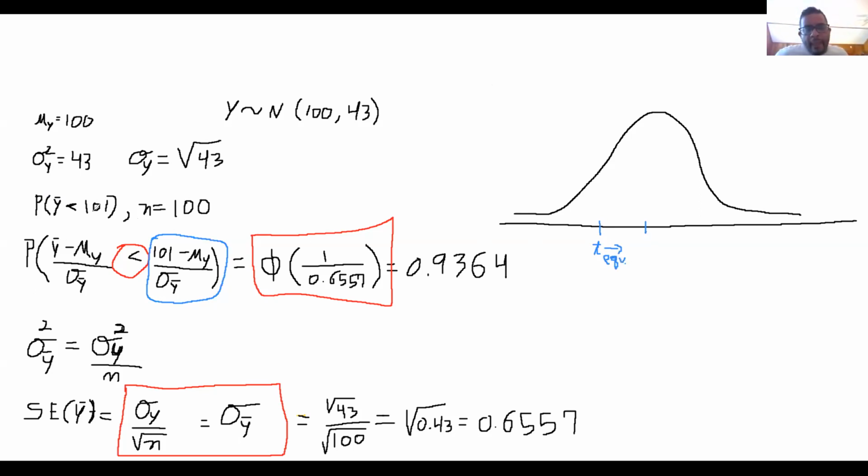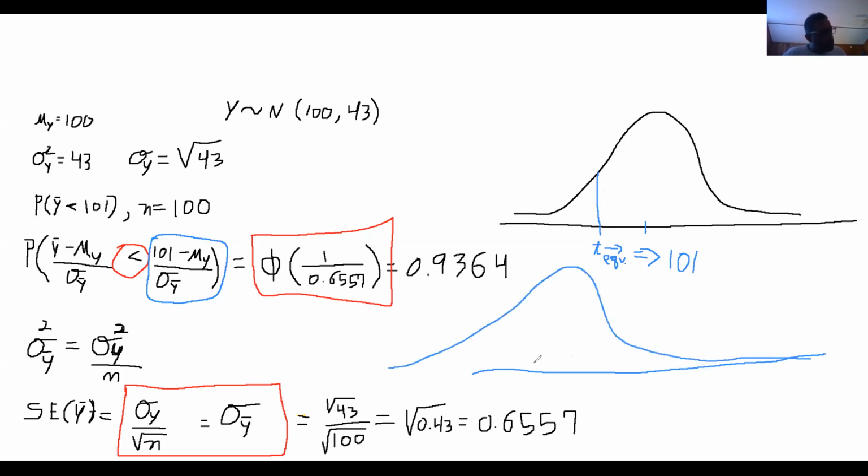This point that I find in the distribution curve, this line here, is equivalent to 101. Sorry, 101, I meant to write here. It's equivalent to 101, right? So what this means is that to the left and to the right, I have the same probability as the other curve, which may look different, but it's also a standard deviation.